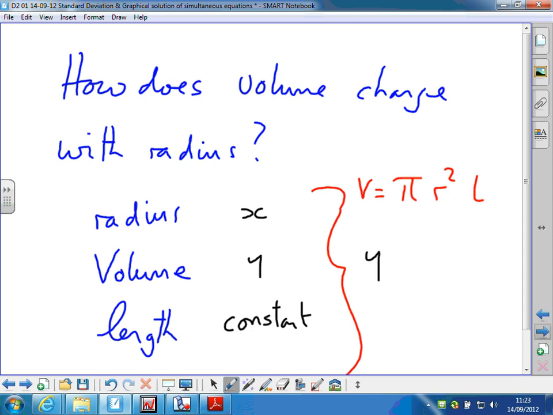So what do I type into Autograph? Y equals pi x squared L. And Autograph recognizes any letter I put in other than x and y as a constant. So L. That's what I type into Autograph.